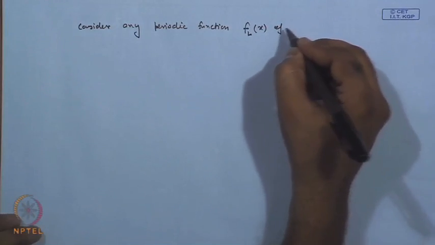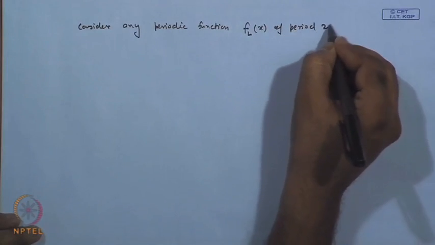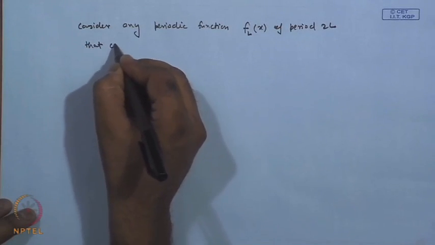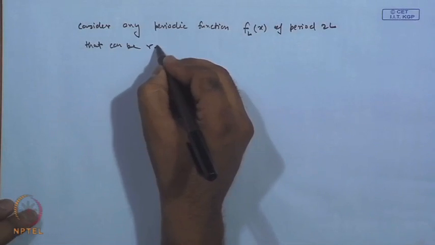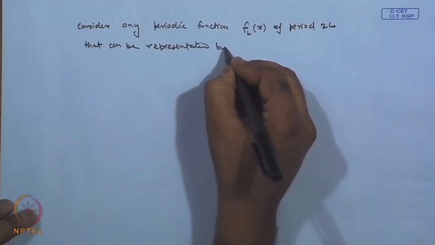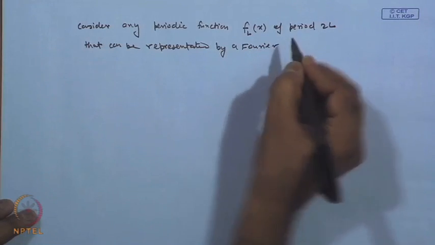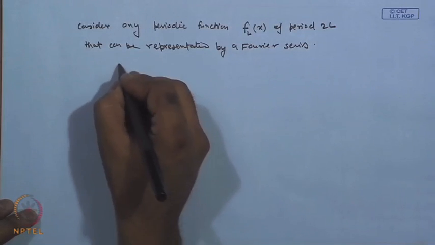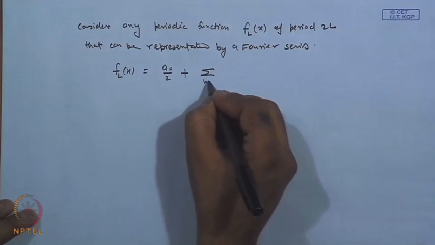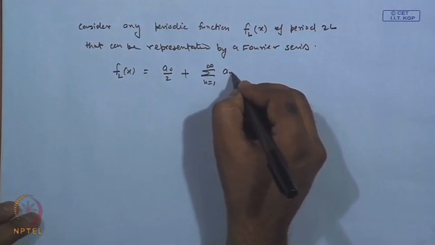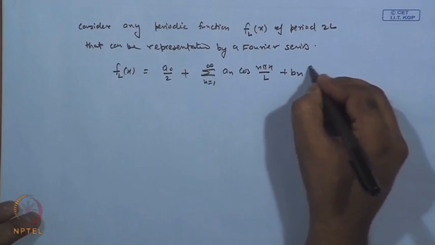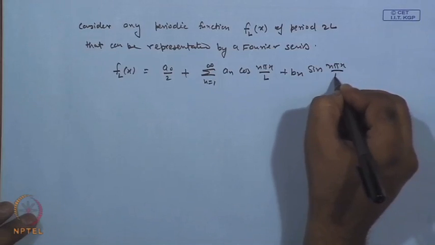So f_L is a function of period 2L that can be represented, that is what we assume, by a Fourier series: f_L(x) is a naught by 2 plus the sum from n = 1 to infinity of a n cos(n pi x over L) plus b n sin(n pi x over L).